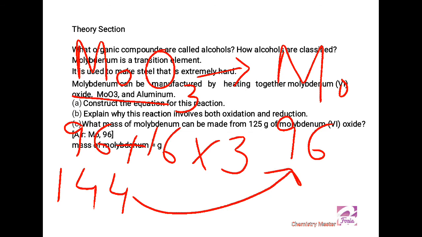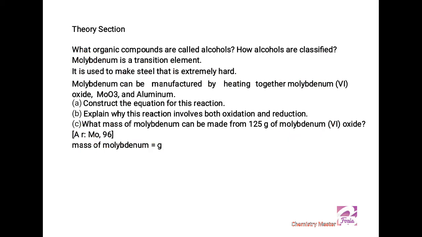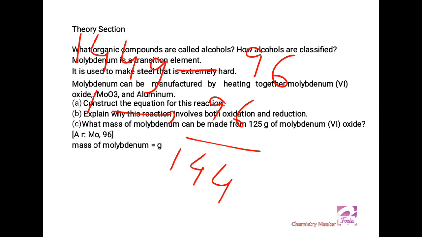So we see what is the number of moles of molybdenum oxide. How much gram is given? Again, now we see 144 gram of molybdenum oxide is producing 96. So 1 gram will be giving 96 by 144. Now in the question 125 gram is given.